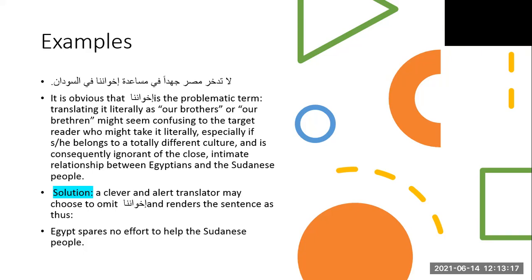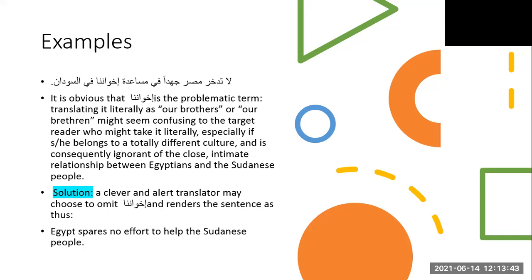So what is the solution? A very clever translator like you will choose to omit, يحذف إخواننا. Simply, you do not need it. And here is the sentence: Egypt spares no effort to help the Sudanese people.